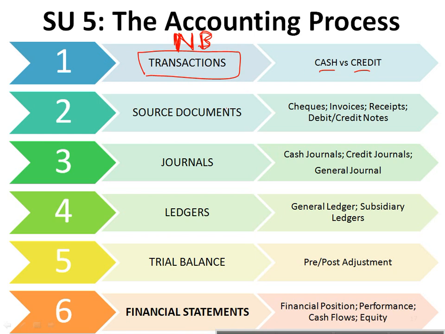Because later, you'll look at journals, ledgers, and statements. The trial balance is spoken about, but you don't really have to draw it up. It's not something that's really tested. Journals are tested, ledgers are tested, financial statements are tested. Transactions are obviously tested because they come up everywhere. Source documents are spoken about, but you're not going to have to fill them in. They're not going to ask you to complete an invoice.